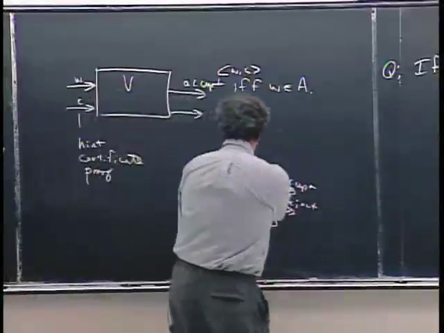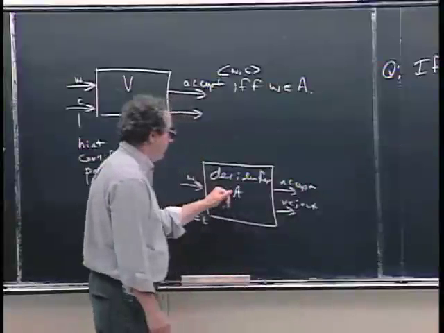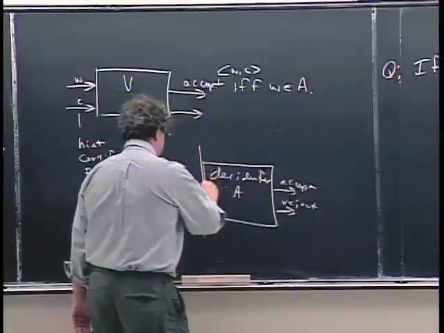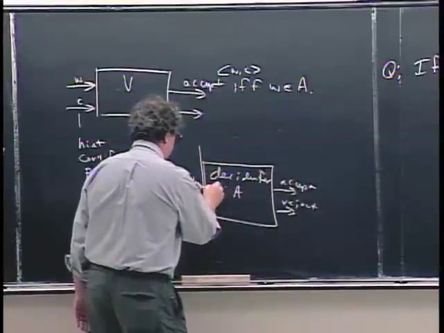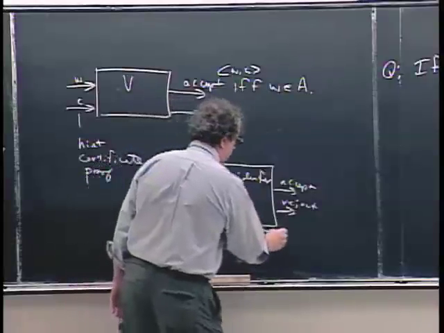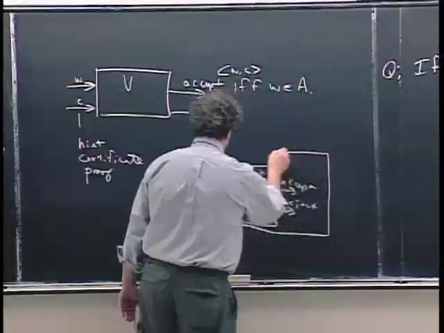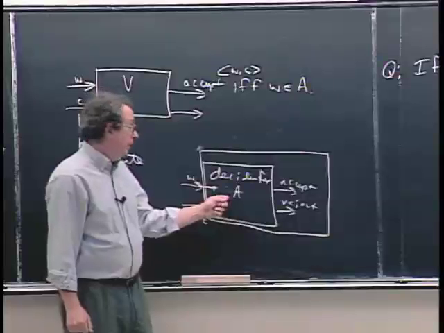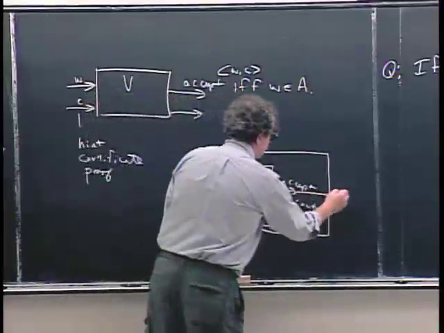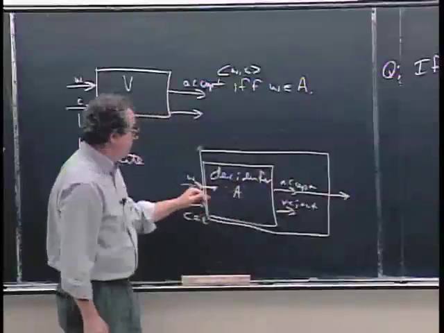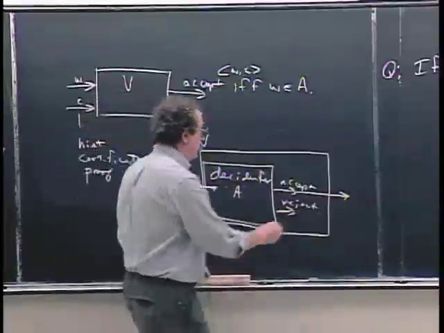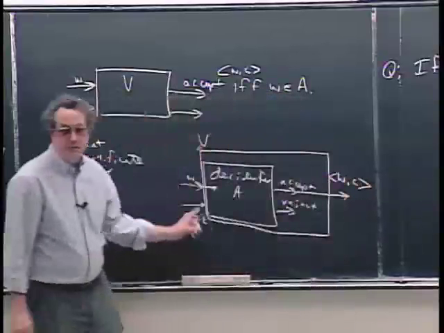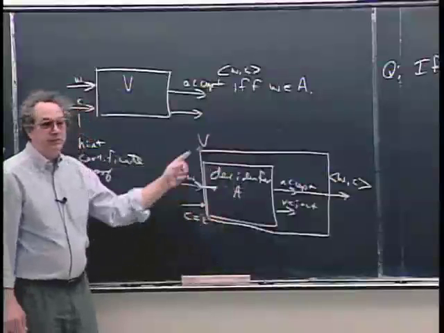And then the decider here looks at W and accepts or rejects. And let's put a bigger box here. So this one takes in W and accepts or rejects based on looking at W. Okay? And then if the decider accepts W, then the verifier accepts WC.